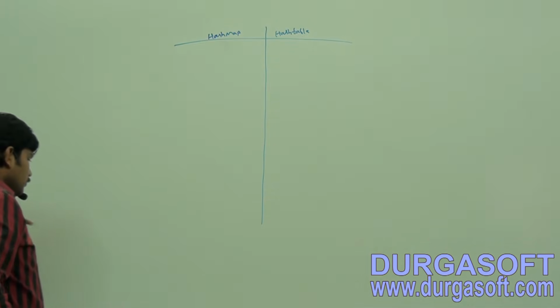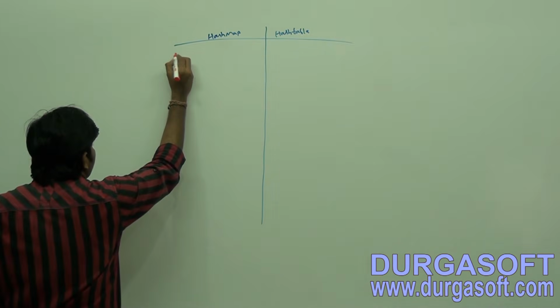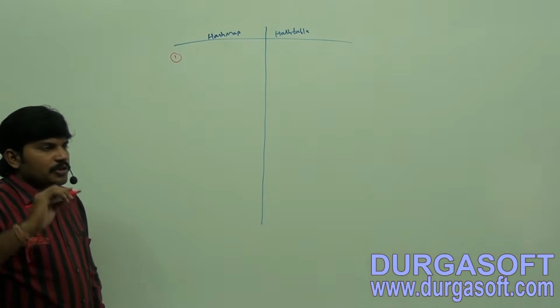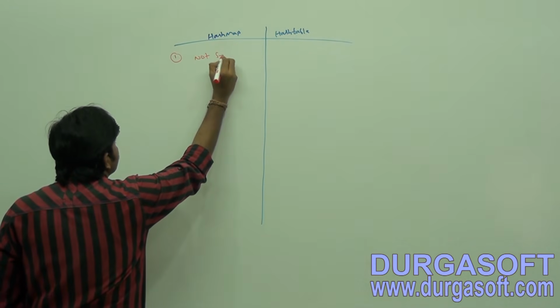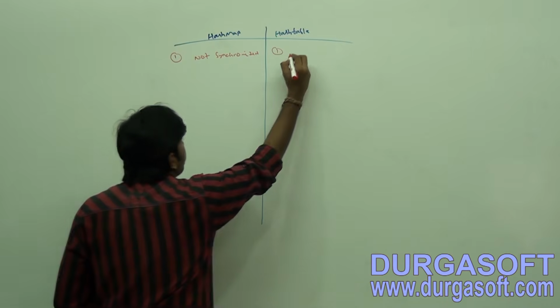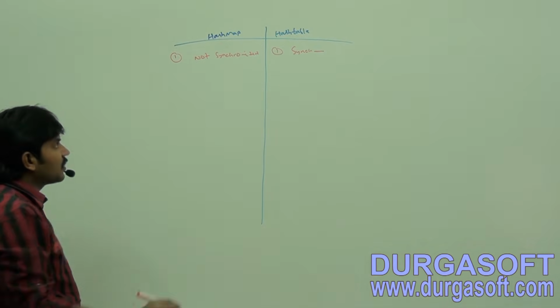Now observe. The first point: if it is a HashMap, every method present in HashMap is not synchronized. But every method present in Hashtable is synchronized.